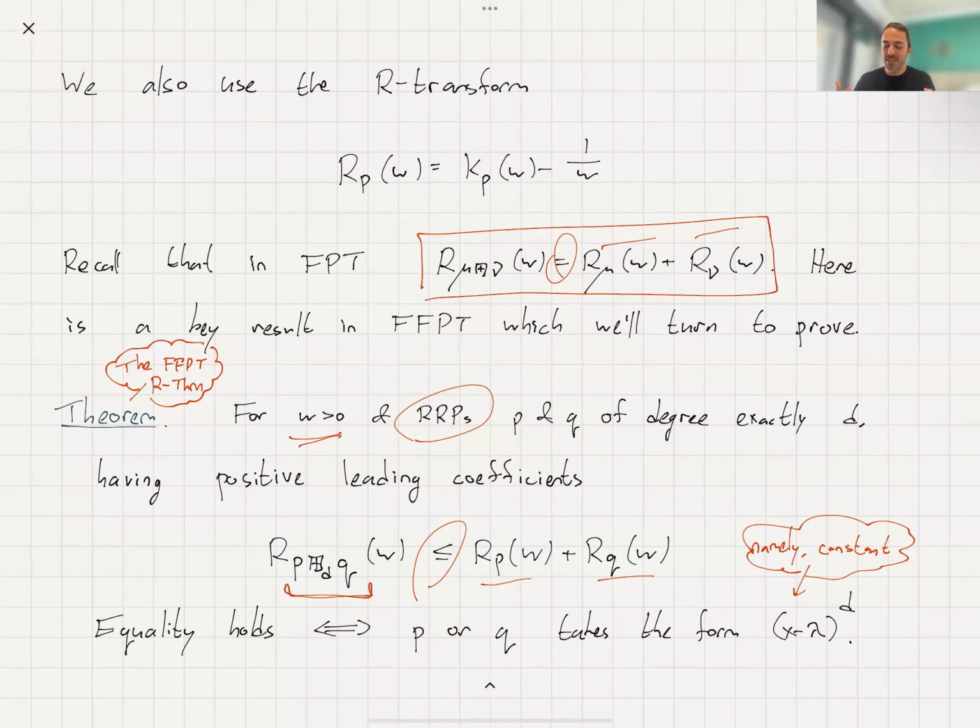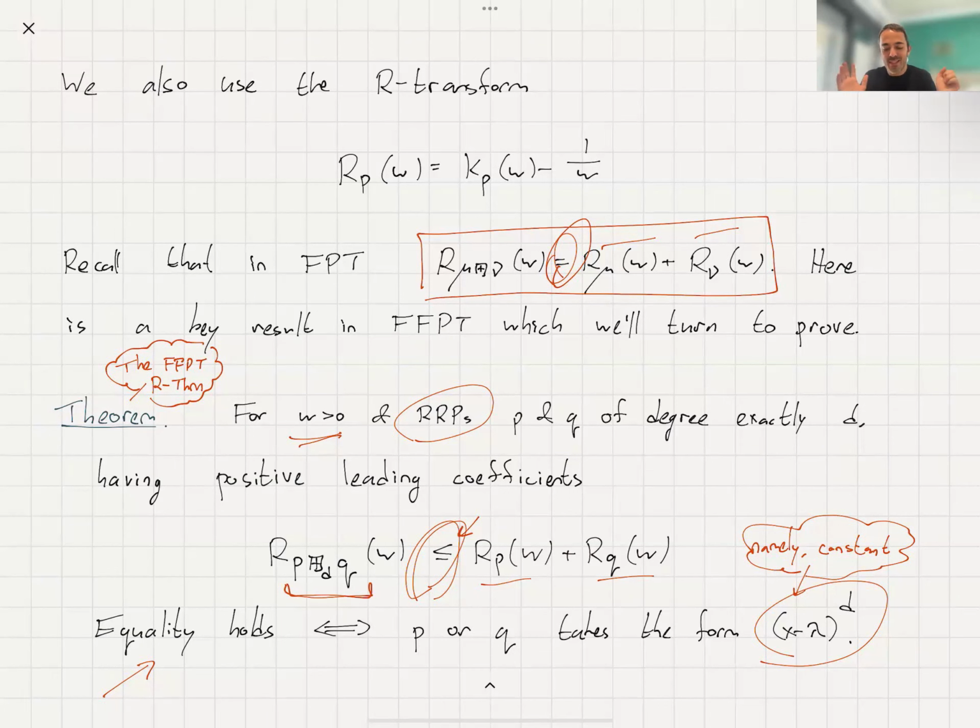So what happens, and I'm sure that you can make it formal, and maybe someone already did and I'm not aware of that, is that you can think of this as the limit behavior. In fact, part of the theorem tells you that equality holds only if at least one of these polynomials is constant in a sense. It has only one root, so the corresponding measure is a constant on lambda.